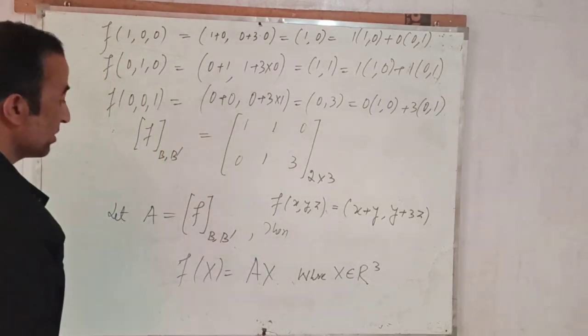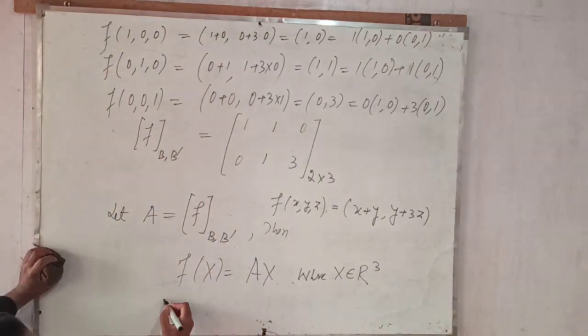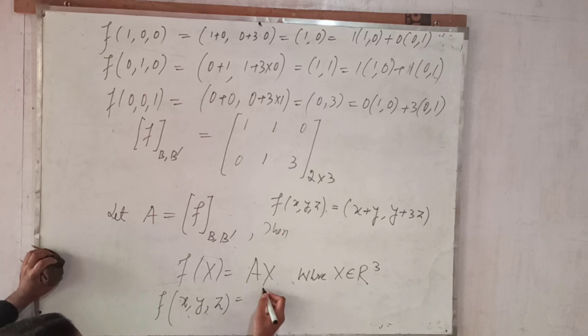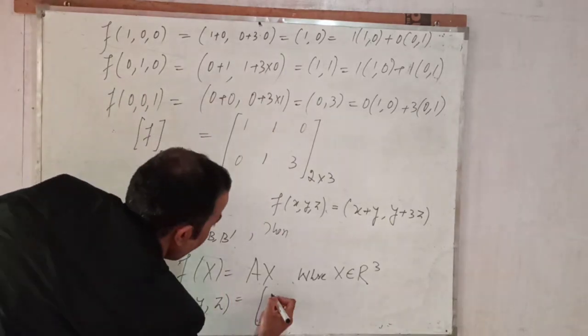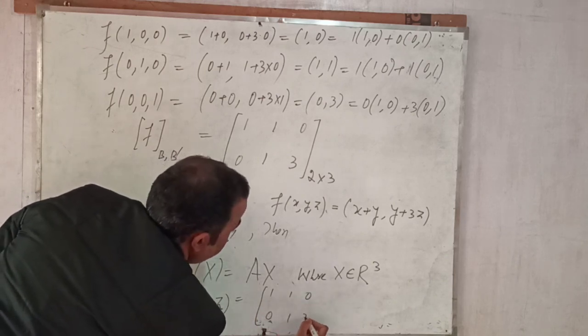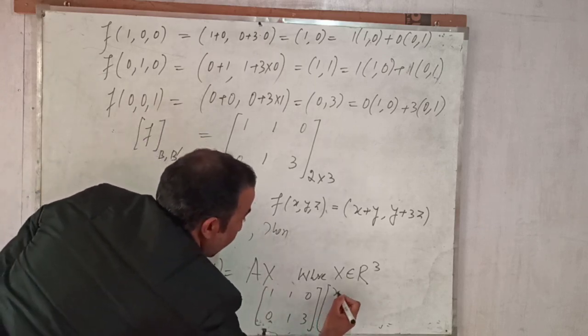You can verify this. If you choose any vector, say I choose f of (x, y, z), generally x, y, z. By definition, f of x is A times x, with A as the matrix with rows (1, 1, 0) and (0, 1, 3), and then x, y, z.